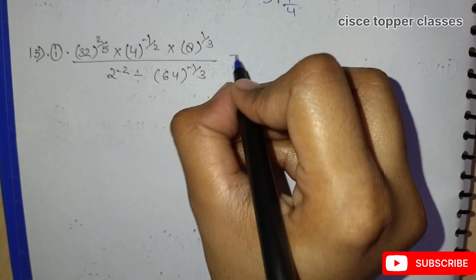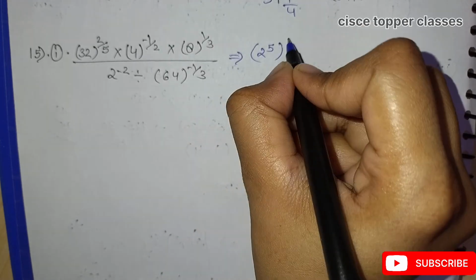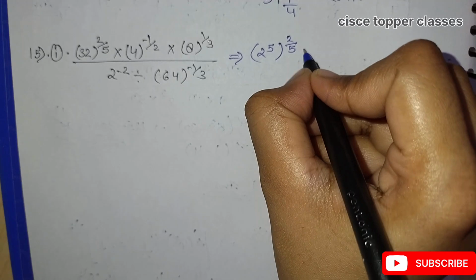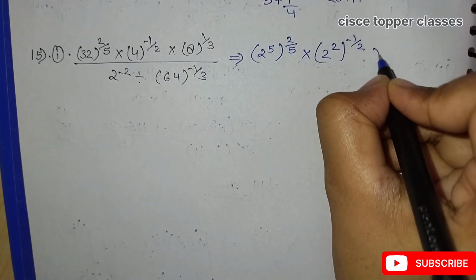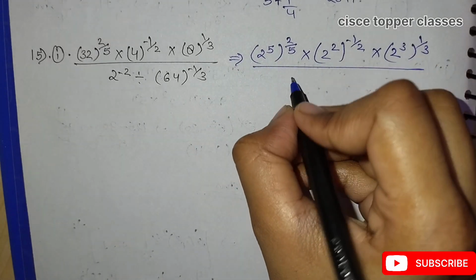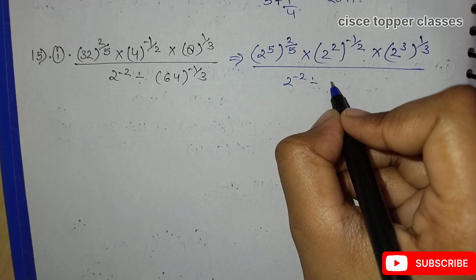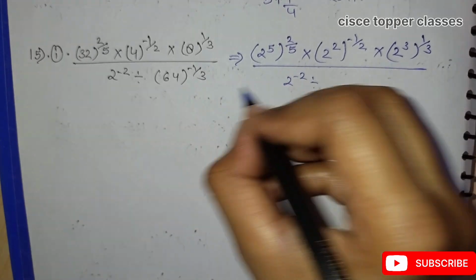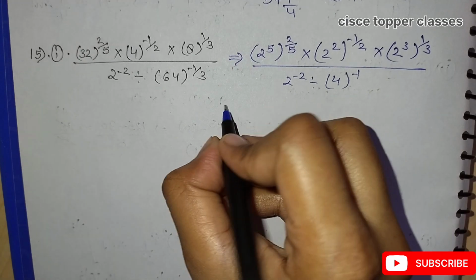Simply we can write it here 2 to the power 5 and whole power 2 by 5 into 2 to the power 2 whole power minus 1 by 2 into 2 to the power 3 whole power 1 by 3 divided by 2 to the power minus 2 and divided by here also we can write as 4 to the power 3. 3 will be cancelled out and we will get 4 to the power minus 1.